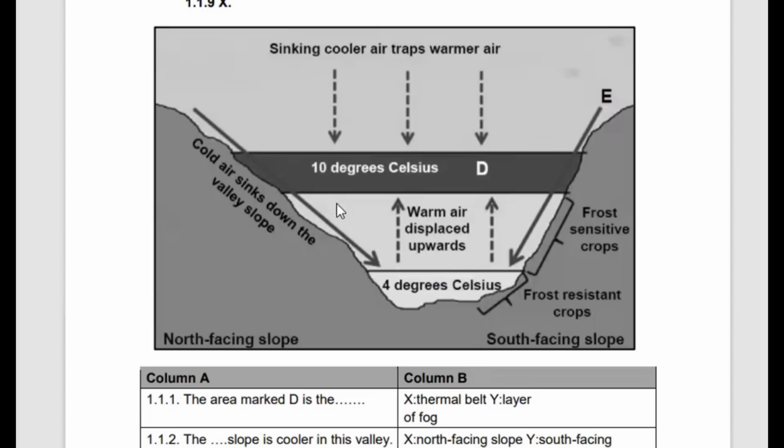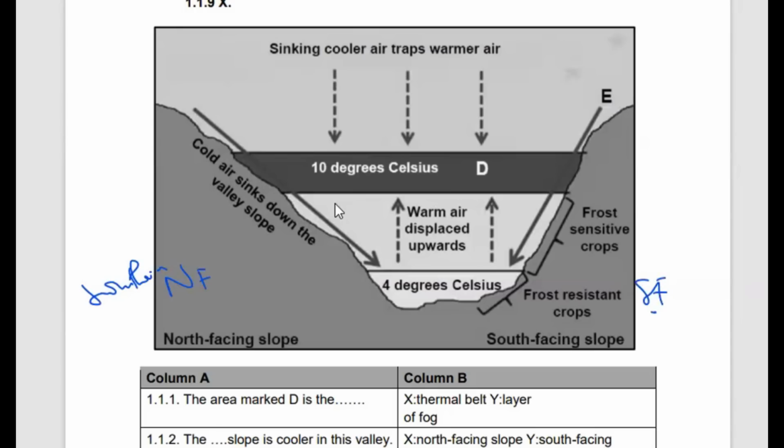I will try to illustrate the situation of the valley and the associated conditions in a valley. If we are in the southern hemisphere, this is our north-facing slope. Based on slope aspect, this is the north-facing slope, and this is our south-facing slope.